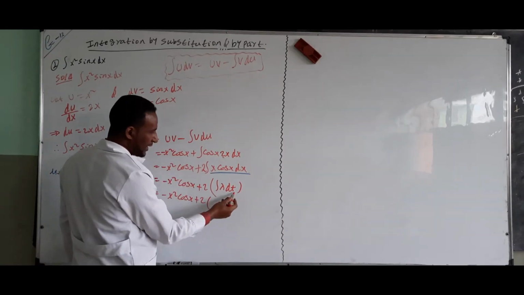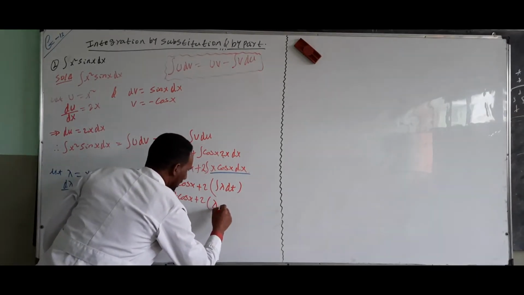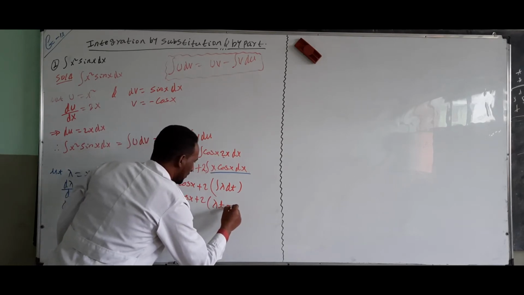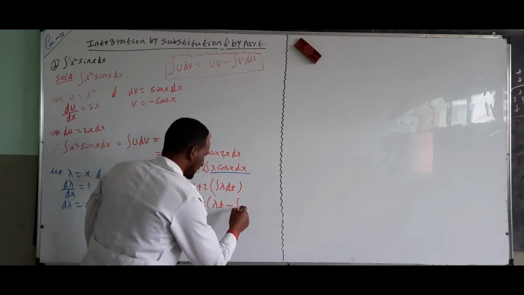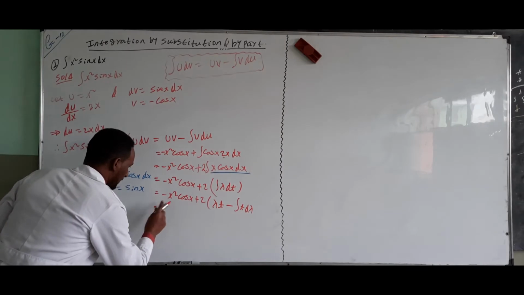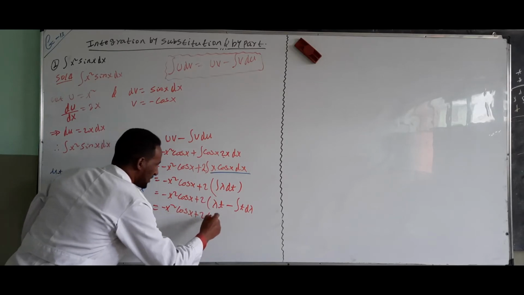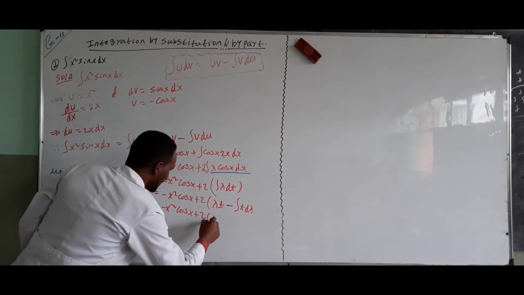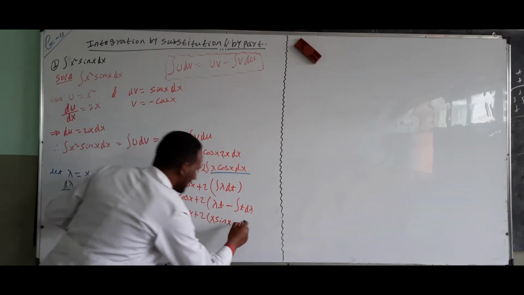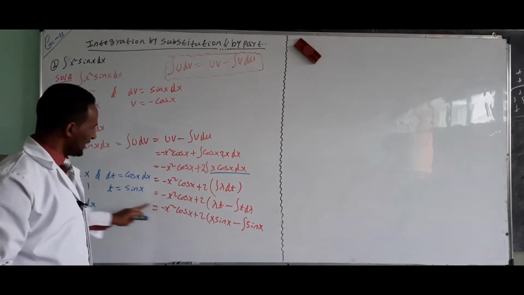By using the integration by parts formula, we get lambda times t minus integration of t d lambda, which is equal to negative x square cos x plus 2 times lambda means x, t means sin x, minus integration of t means sin x, d lambda means dx.